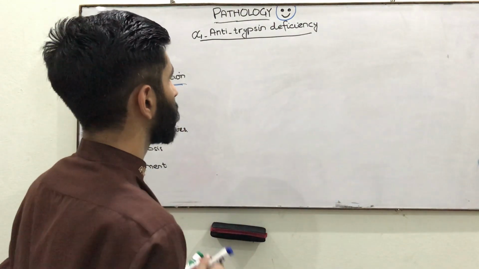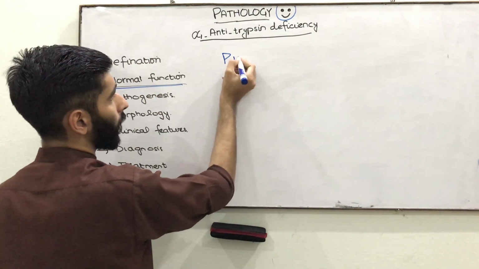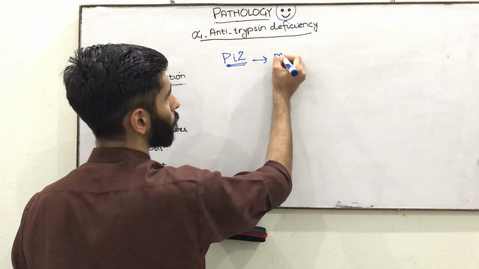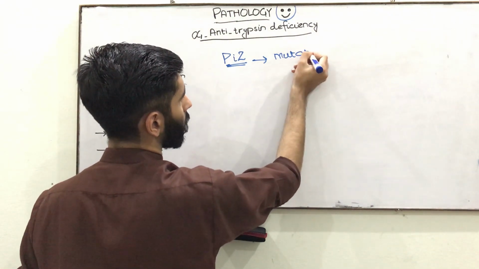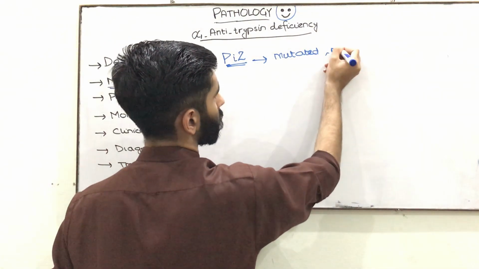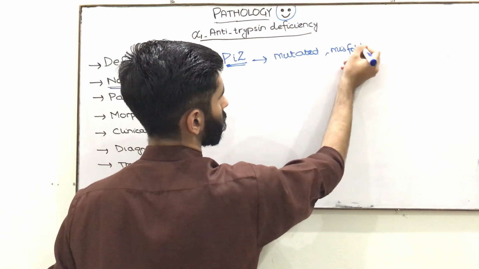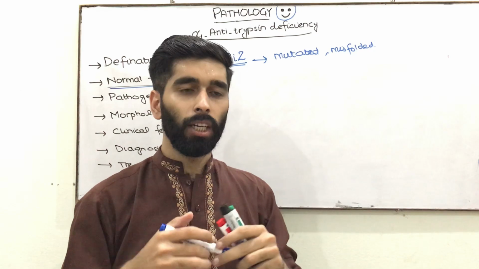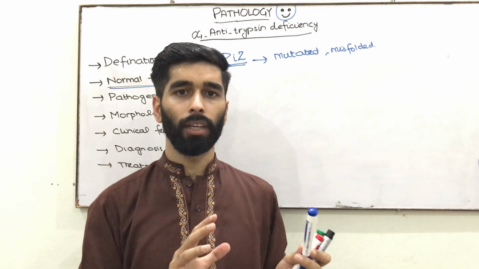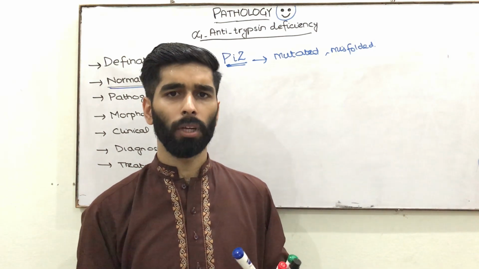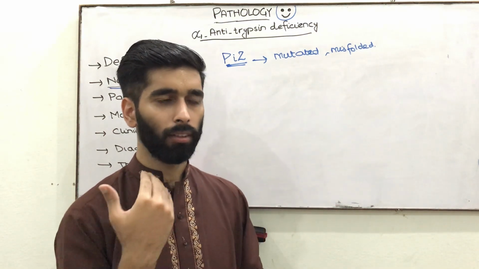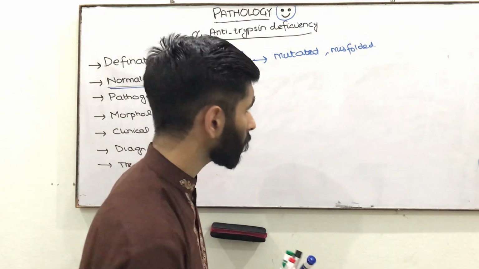So I already mentioned that PIZ polypeptide encodes for misfolded or mutated alpha 1 antitrypsin. Normally, liver hepatocytes synthesize alpha 1 antitrypsin in the endoplasmic reticulum, which after processing is transported into the blood and performs its function.